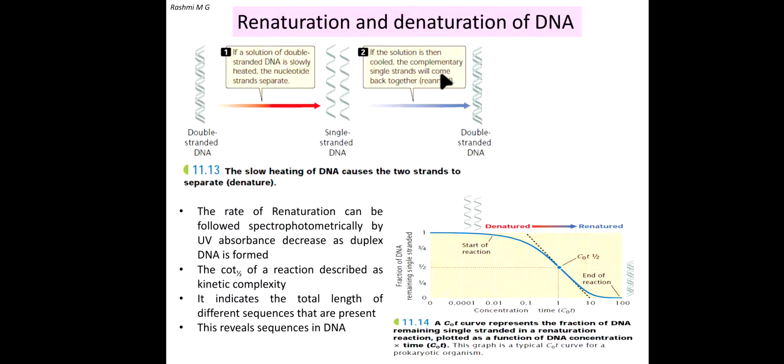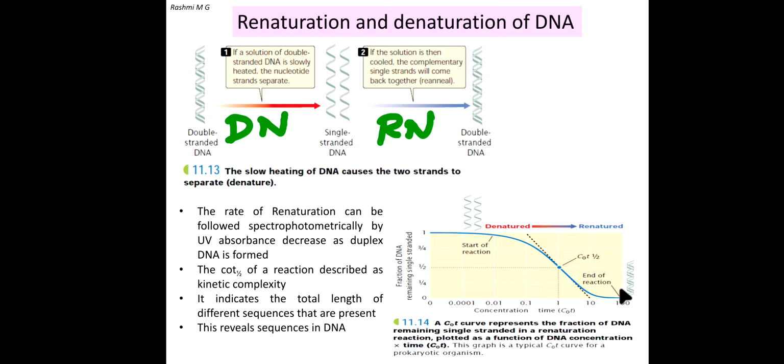The COT curve represents the fraction of DNA remaining single stranded in the renaturation. Here the reaction is starting where the two strands are separated. By the end of the reaction, it will become double stranded.